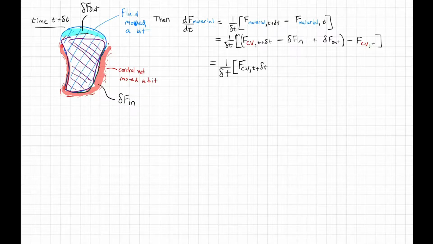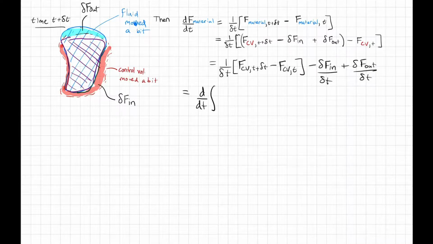So let's try and set up some derivatives here that actually look like something we can work with. If I highlight the two control volume terms, the two with the red underscore CVs, one of them is at t plus delta t and the other one is at time t, and they're all divided by a time delta t.